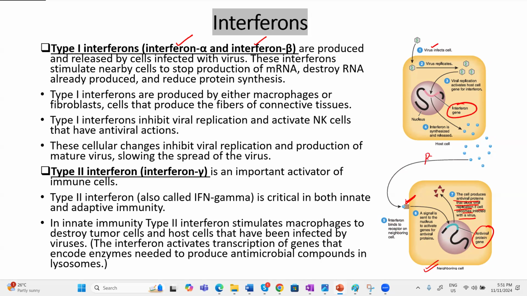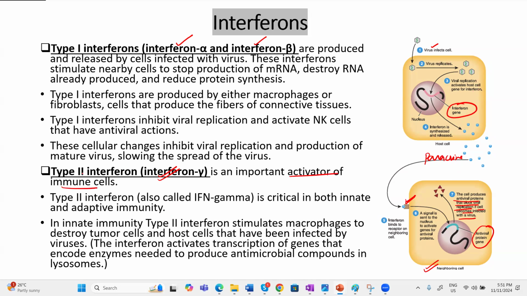So which type of signaling is it? It is paracrine signaling. This is a special type of cytokine, interferon, especially effective against virus infected cells. Now next is type 2. This type 2 is very important as an activator of immune cells.